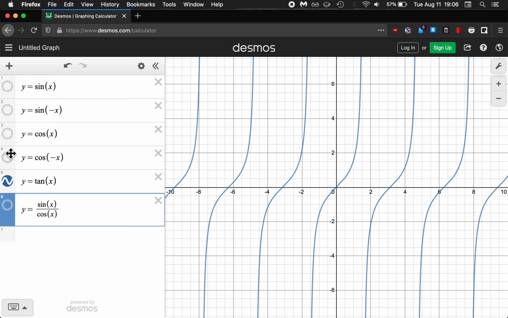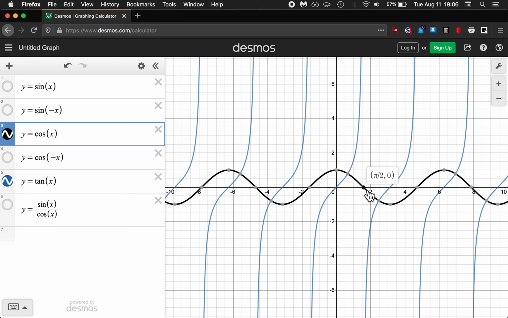So let's bring up that cosine function again. All of my asymptotes, all the places where this function is just shooting off towards infinity, are exactly the places where the cosine function is 0. So I can see in action that I'm getting into trouble because I am attempting to divide by 0.